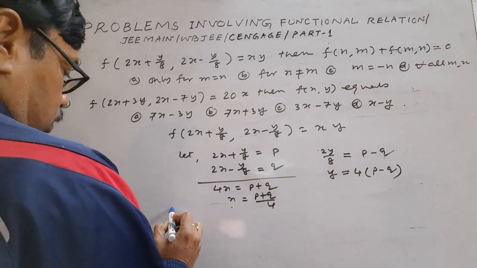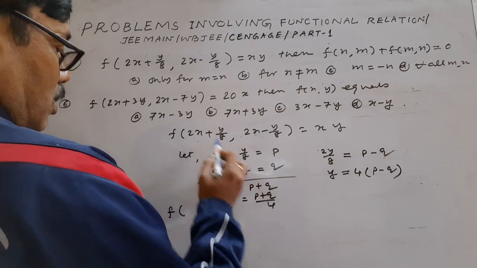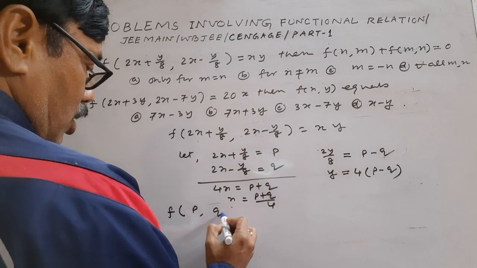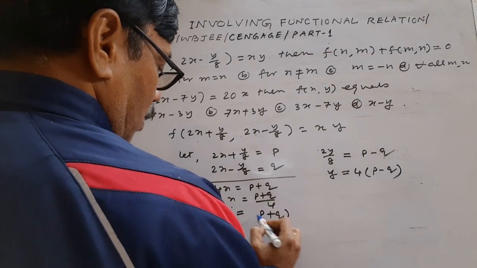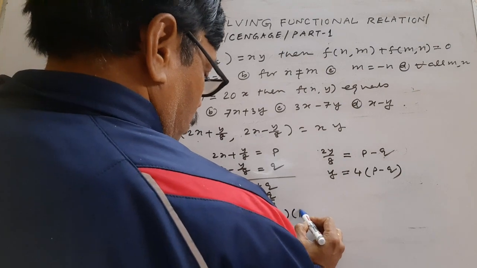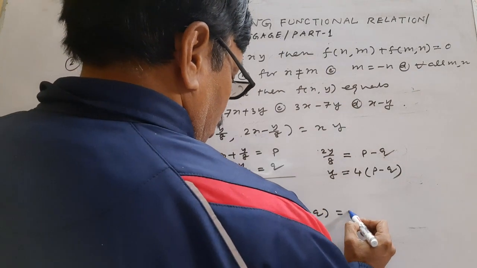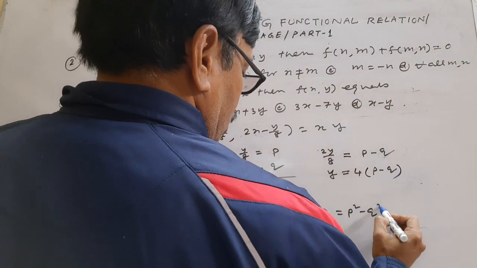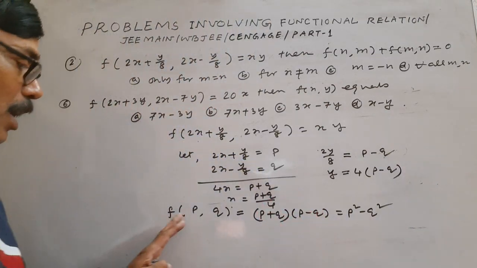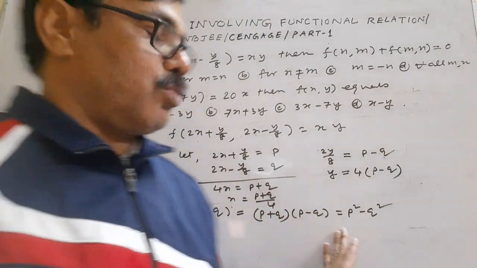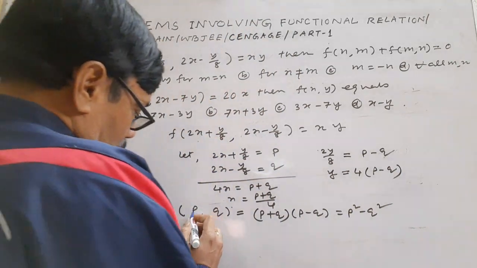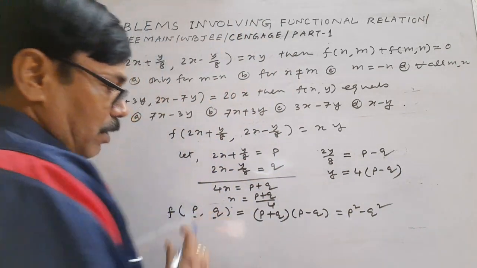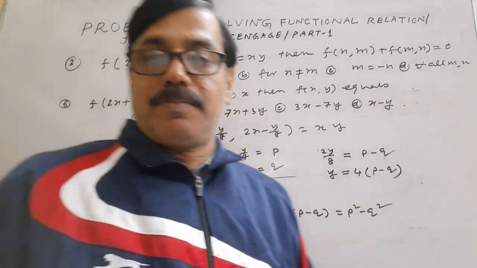So f(p,q) equals what? x is (p+q)/4 and y is 4(p-q). So p square minus q square. f(p,q) equals p square minus q square. So this is our main aim, single variable, single variable.